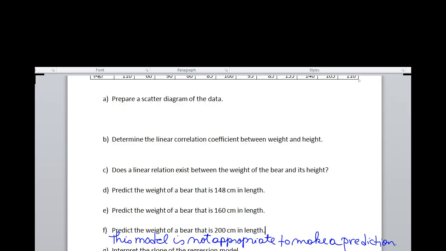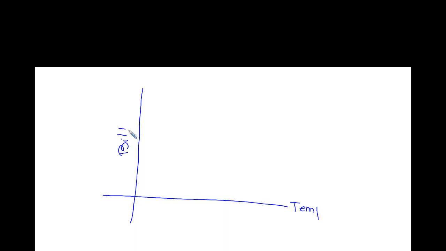I can give you another example of that. Suppose we were collecting data regarding temperature and the amount of money we had to pay for our electric bill. So I'll have temperature. We think temperature has a huge impact on your electric bill each month, in dollars.